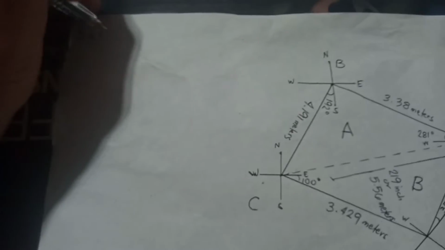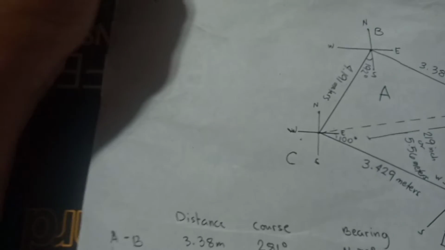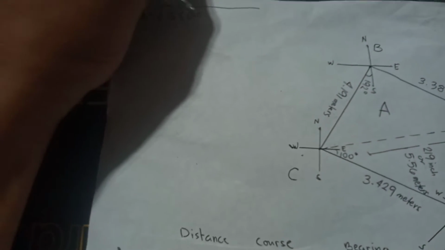So to find the area of triangle A, again the formula is the square root of S times S minus A, S minus B, times S minus C. Then substitute the values.